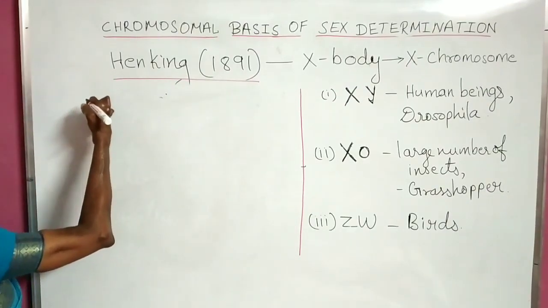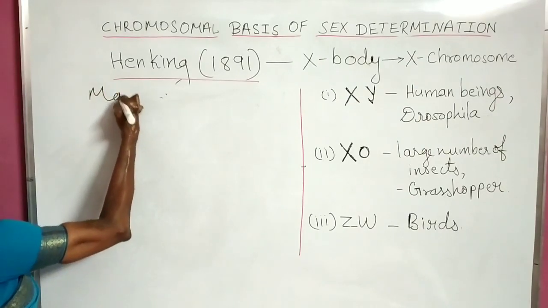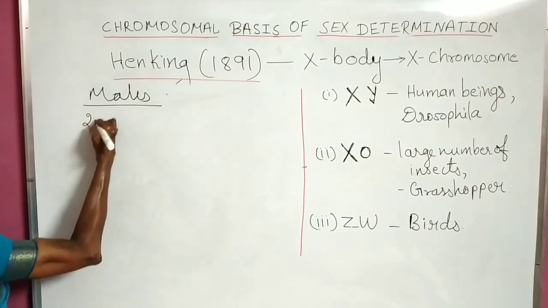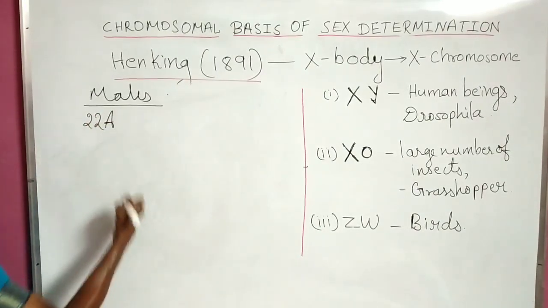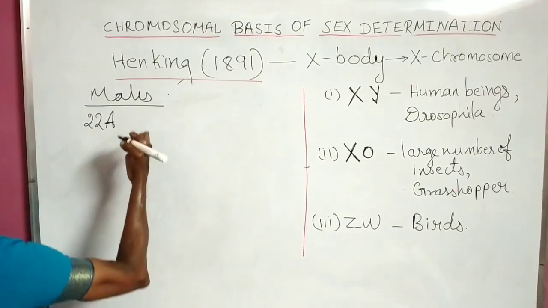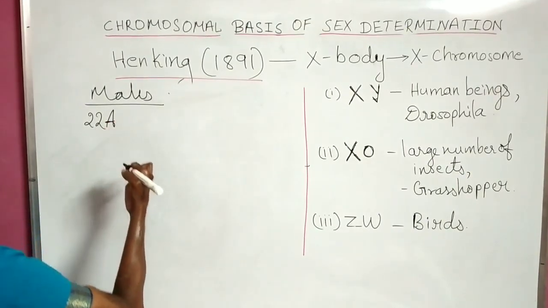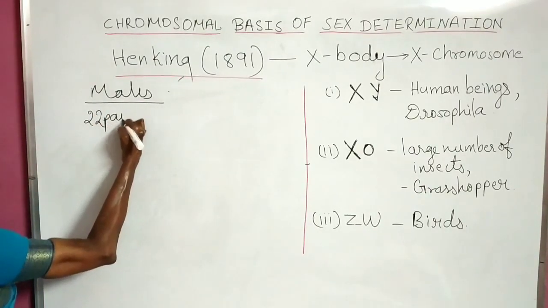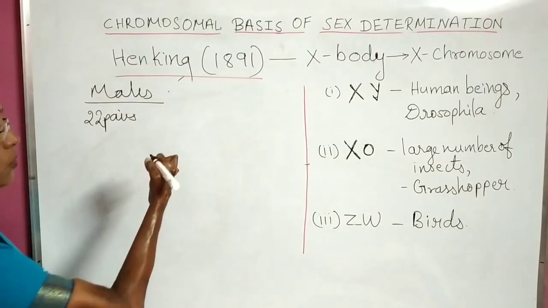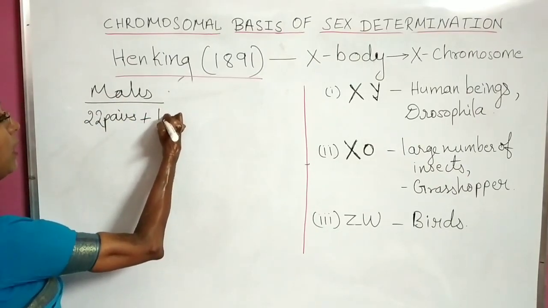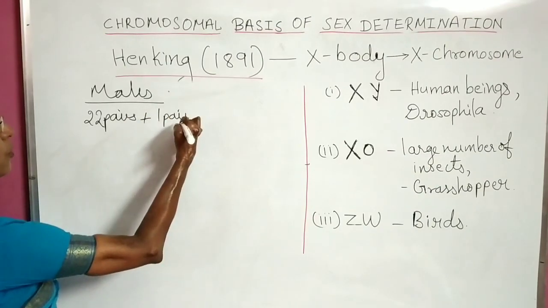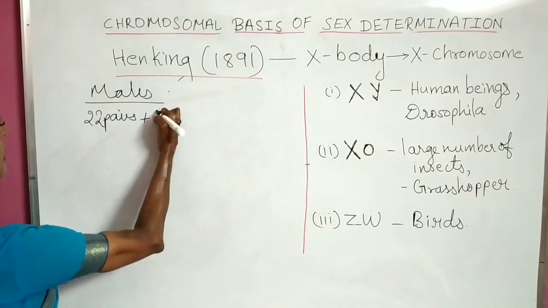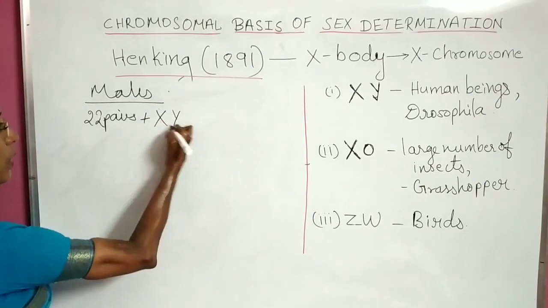I'm first taking the case of males. Males have 22 pairs of autosomes, I'm putting it as 22A, plus one pair of sex chromosome. What is that one pair of sex chromosome? That one pair is one X chromosome and another Y chromosome.